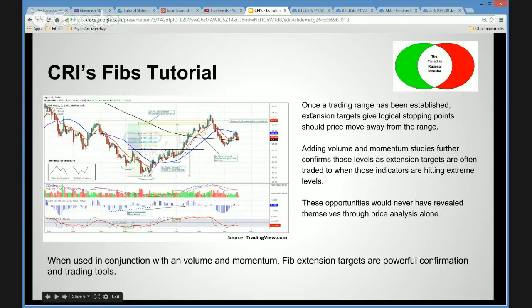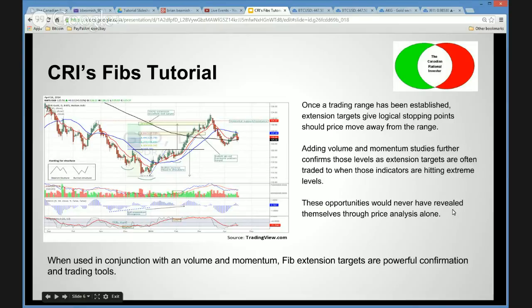So we say once a trading range has been established, extension targets give logical stopping points should price move away from the range. Adding volume and momentum studies further confirms those levels, as extension targets are often traded to when those indicators are hitting extreme levels.